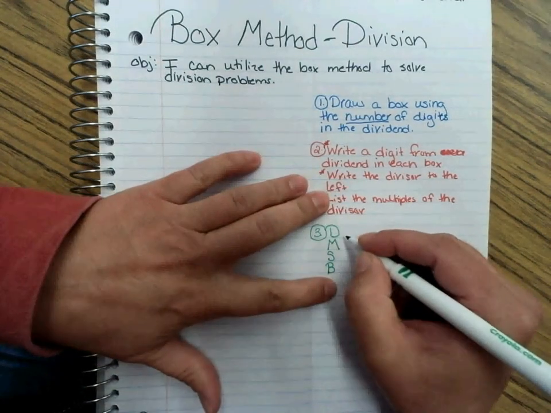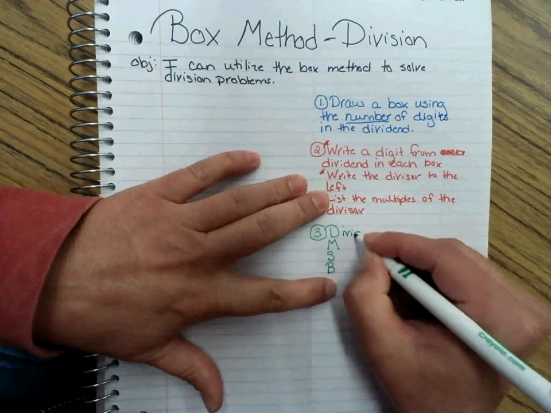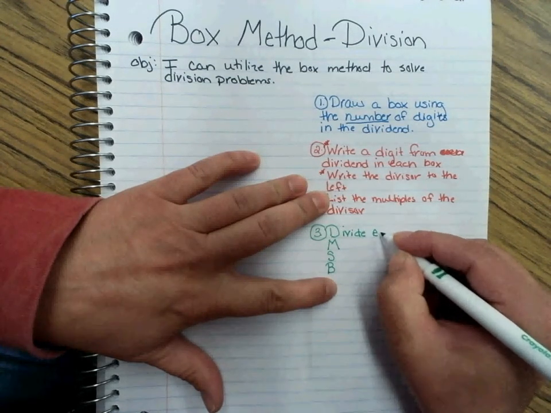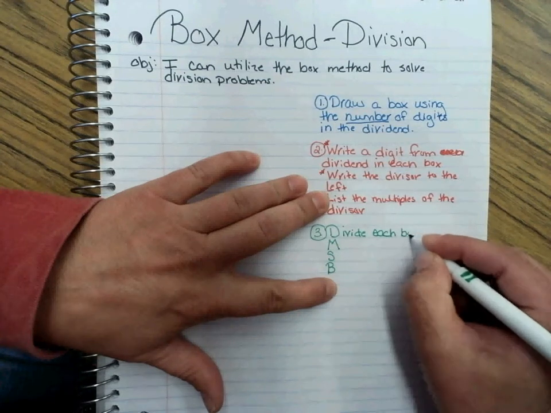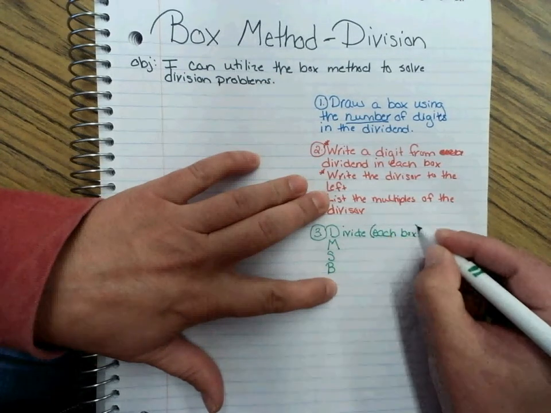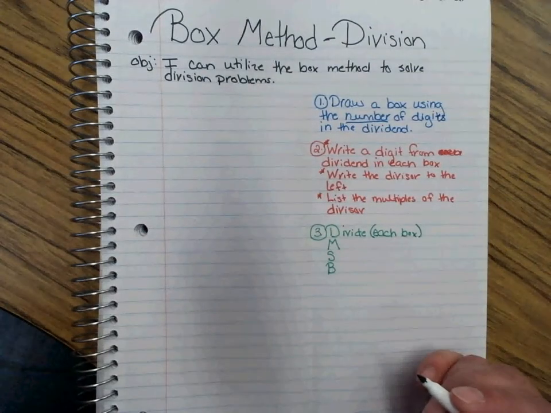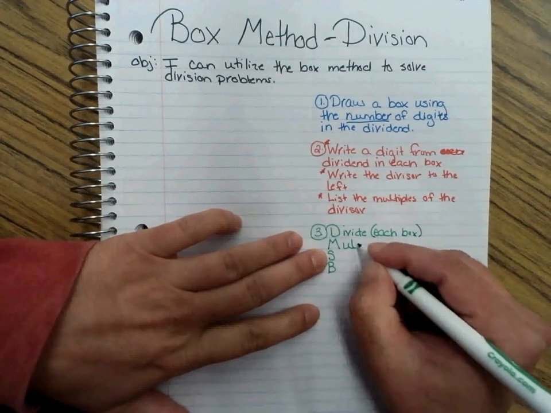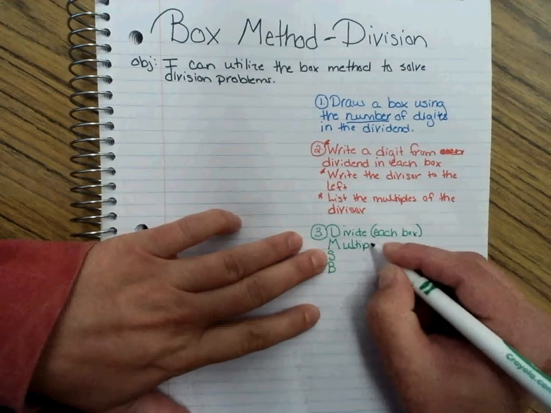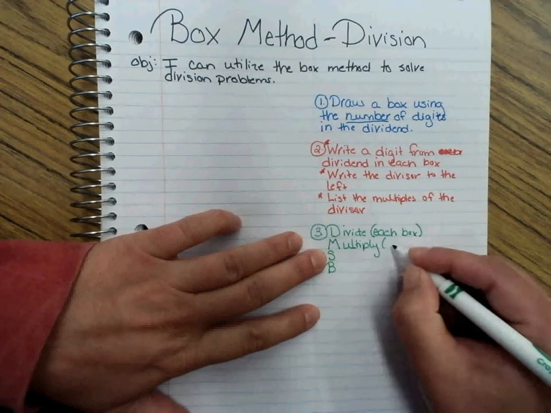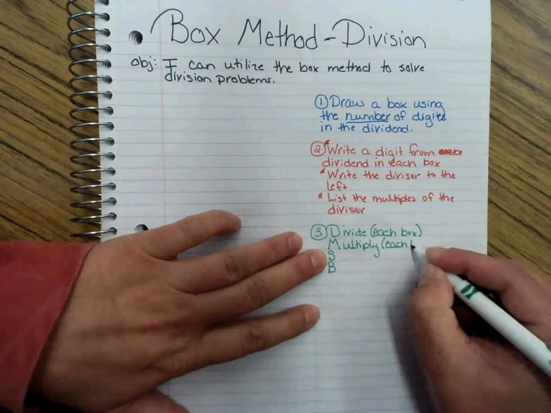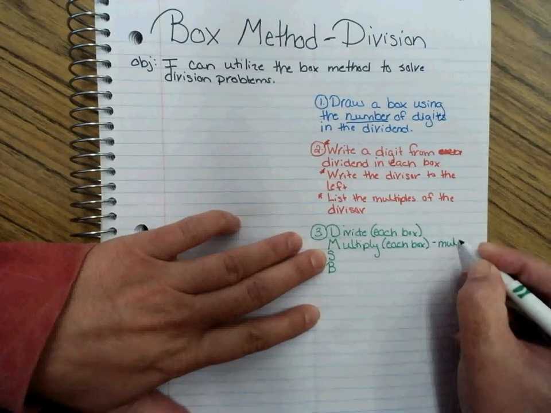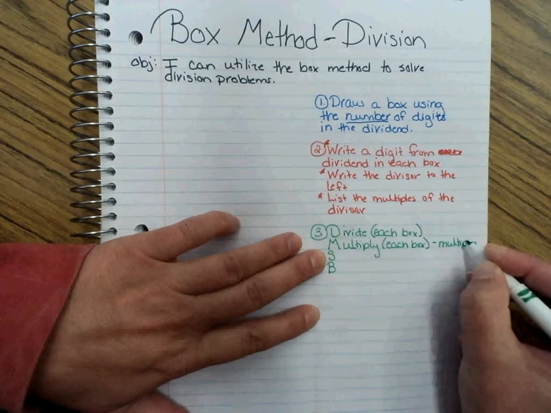So the first one is to divide, and we're talking about in each box, okay, in each section of the box method. Second step is to then multiply in that box. Okay, and this also multiply, think multiples.